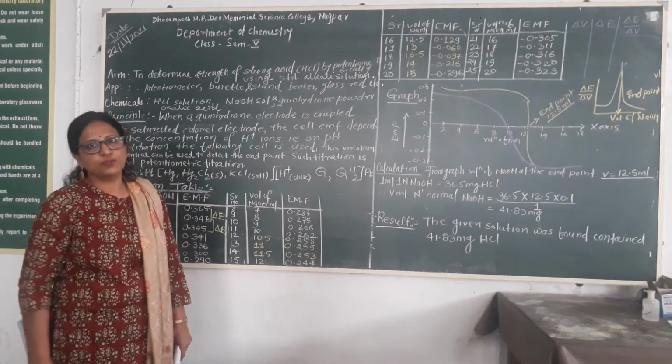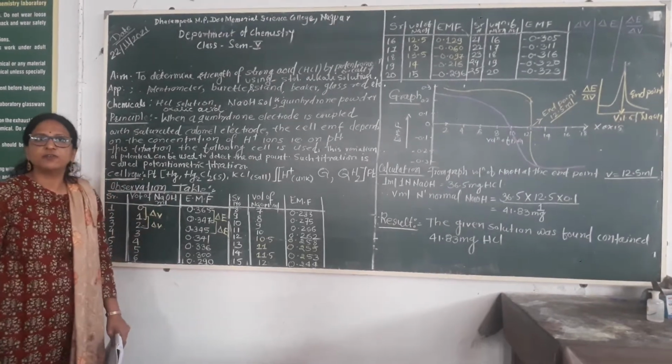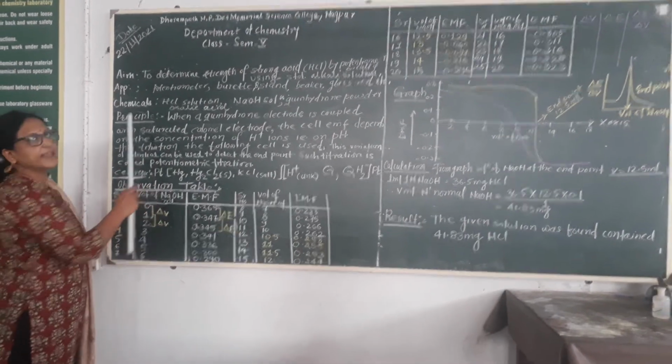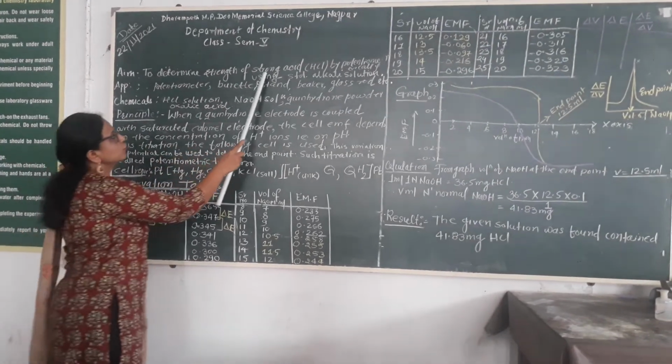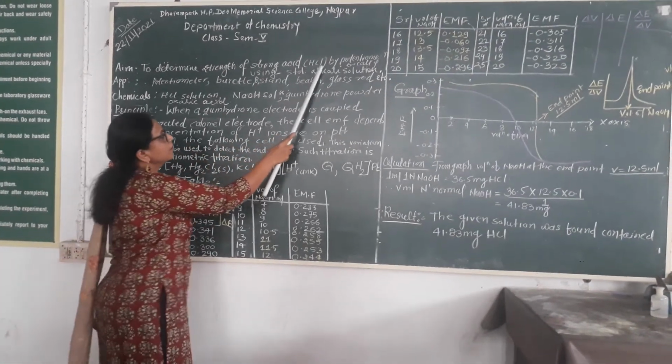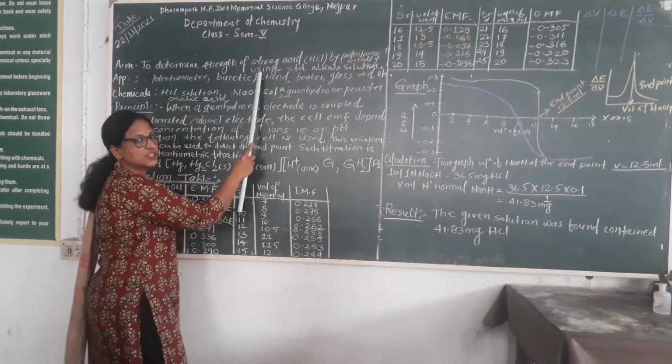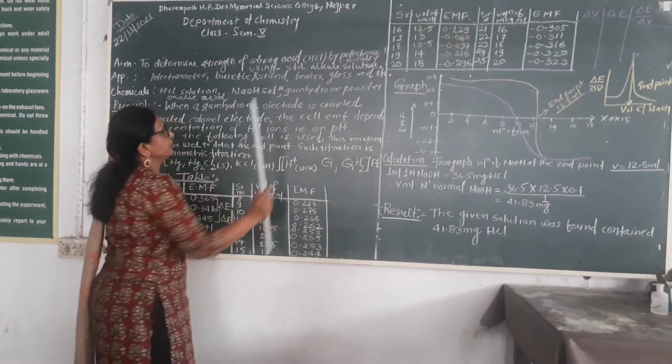Today we are going to perform the experiment of semester 5 physical experiments, and the aim of this experiment is to determine the strength of strong acid, that is HCl, potentiometrically using standard alkali solution.